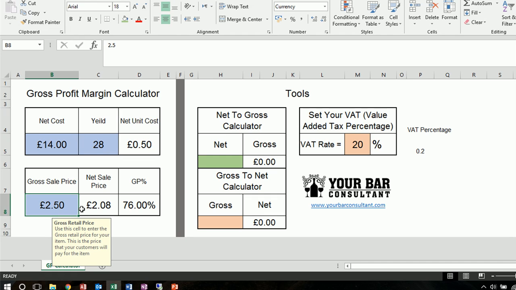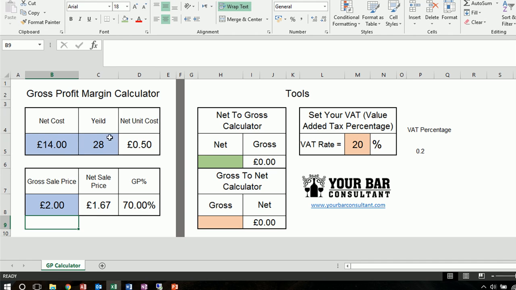We're just talking about the actual spirit price. So £2.50 is still higher than 70%, so we could potentially sell it for cheaper. £2.30, let's say £2. Okay, there you go, £2. So if we sell that to the public for £2, once we've paid our VAT on that, we still get a 70% gross profit margin on that.